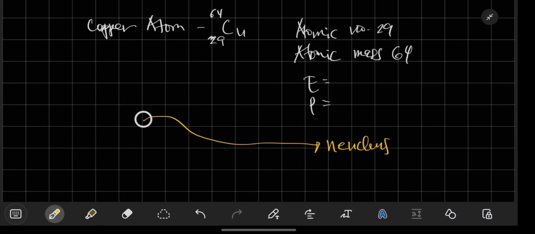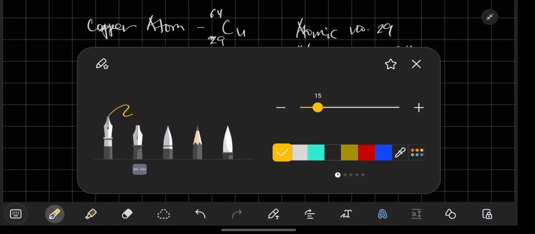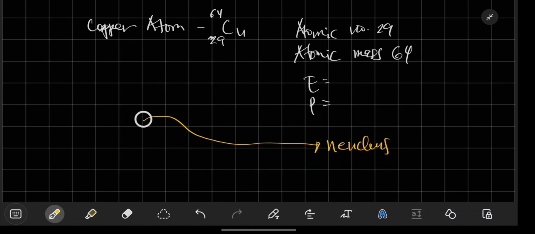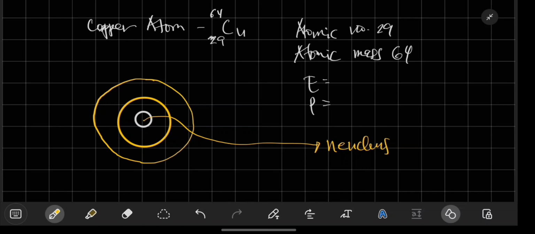Okay? Nucleus yung tawag sa pinakagitna na structure ng atom. And then, meron yan tinatawag na orbits. Yung orbits is pinapalibutan niya yung nucleus. Okay? So, tingnan natin kung ilang orbits yung makukuha natin sa copper atom.